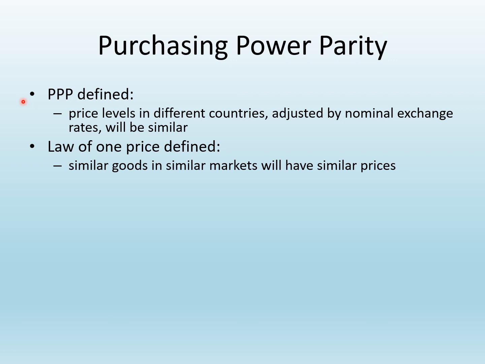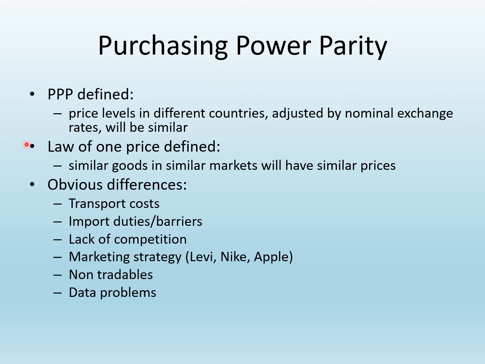It's effectively the law of one price, which is easier to define, that the law of one price is that similar goods in similar markets will have similar prices. Now, there's some obvious differences. There's got to be obvious differences between prices in different countries, but they are fairly easily explained. So for instance, there are transport costs.